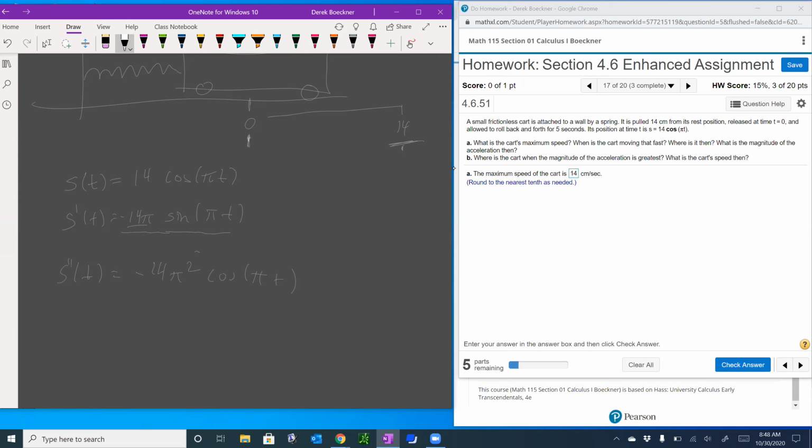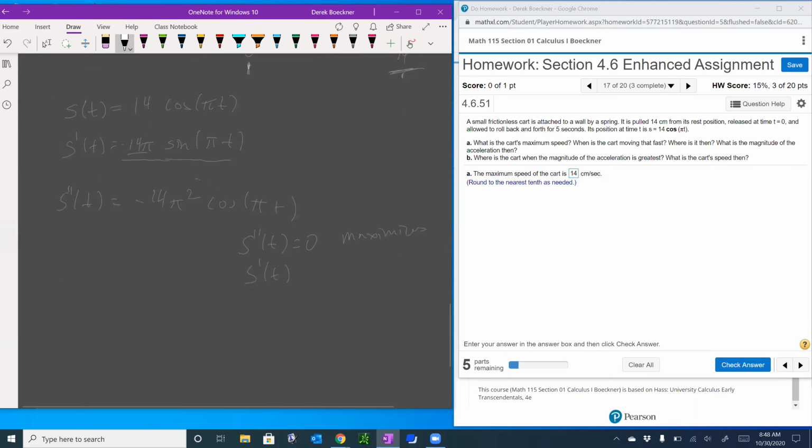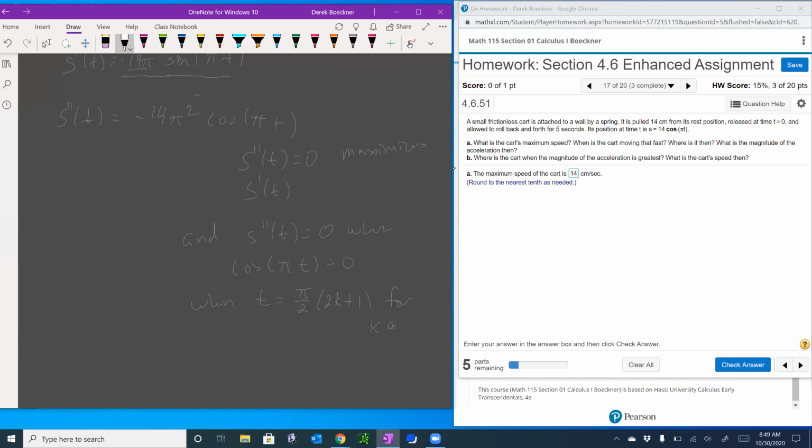So s double prime of t equals 0 maximizes s prime of t, and s double prime of t equals 0 when cosine of pi t equals 0, when t equals pi over 2 times 2k plus 1 for k an integer.